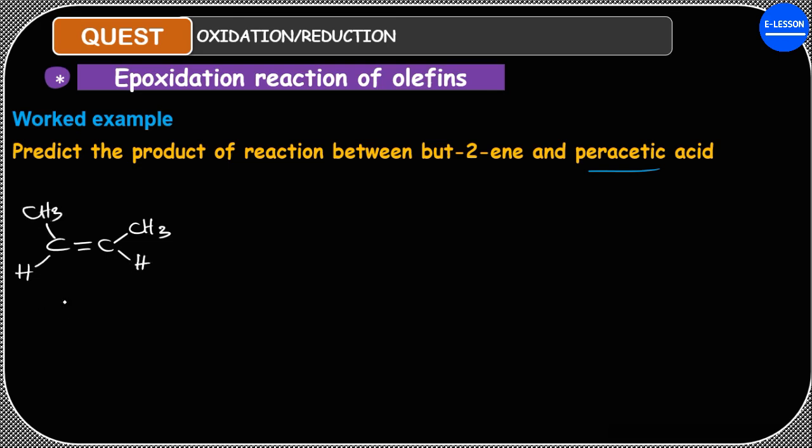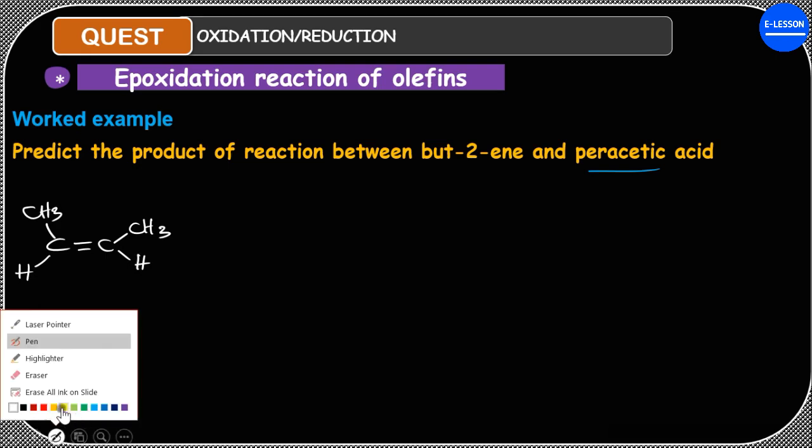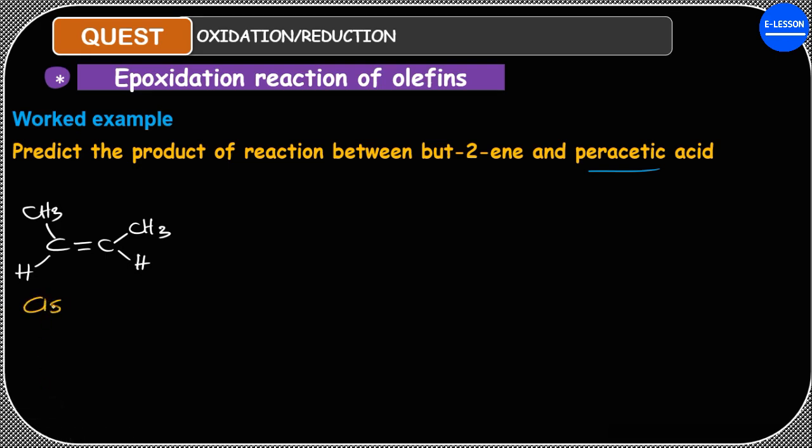So this is cis-but-2-ene, and peracetic acid. Peracetic acid is something like this: CH3, C double bond O, OOH. So what do you think will be the product of this reaction?